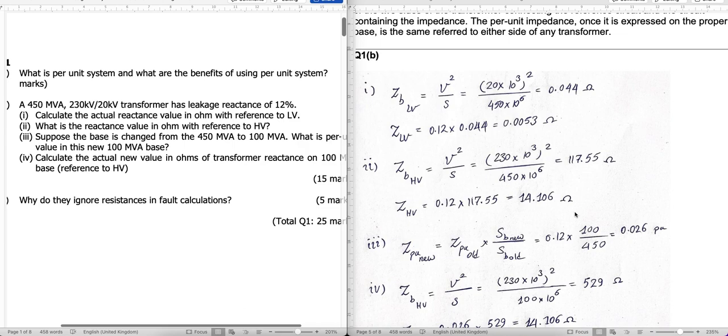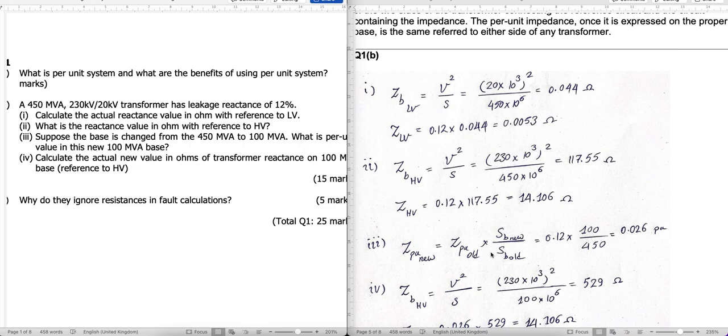Section 3. Suppose the base is changed from that 450 MVA to 100 MVA. What is the per unit value in the new 100 MVA base? So here we need to use that formulation, which is for transformation from an old per unit system to a new one. The big formulation includes also the ratios of the voltages.